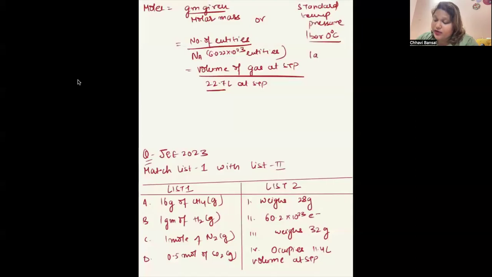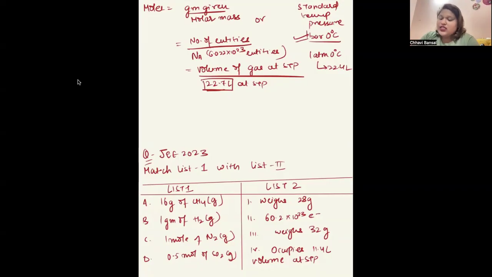But if it is 1 atmosphere and 0 degrees Celsius, it is 22.4 liters. So if the question is from the previous year question papers, a very old paper, then you have to use 22.4 liters. Otherwise, in the updated ones, the latest one is 22.7 liters, where 1 bar and 0 degrees Celsius is considered as the standard temperature and pressure conditions.